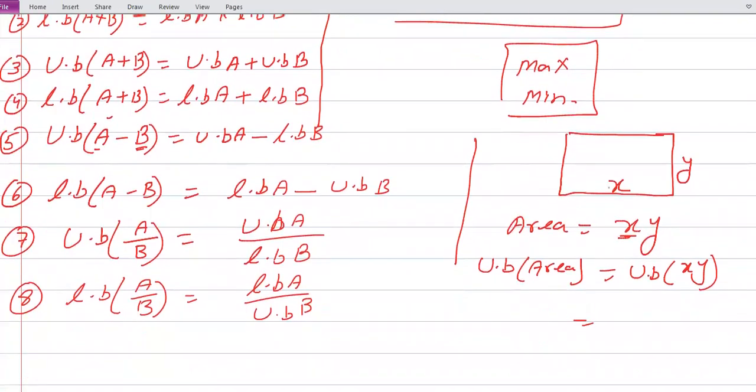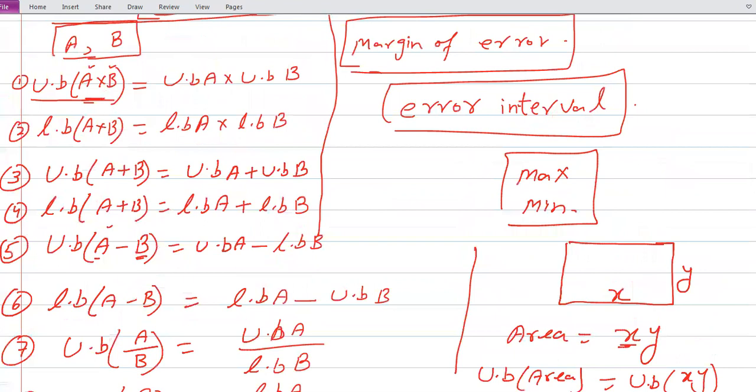So for the upper bound of the area of the rectangle, you will find the upper bound of X multiply upper bound of Y. That you have to remember.